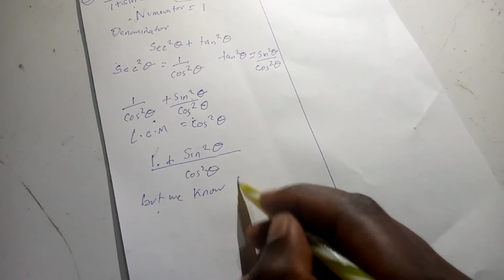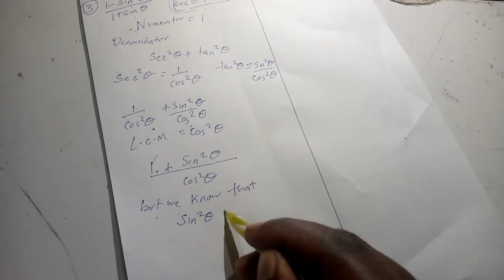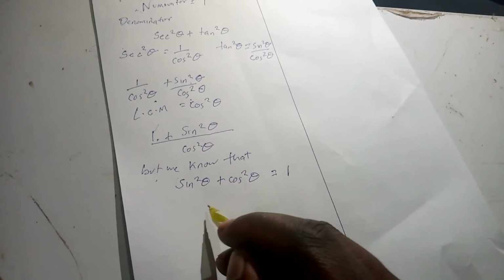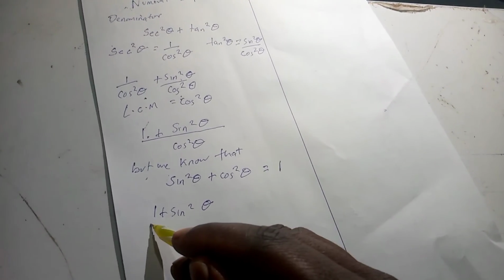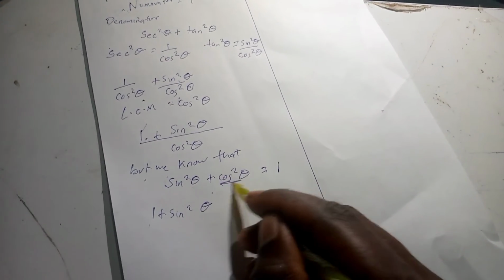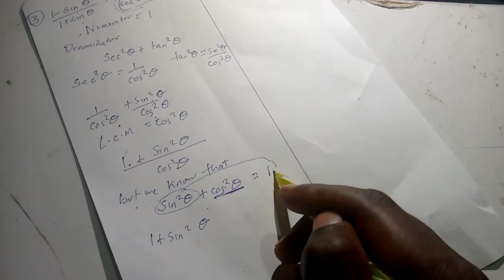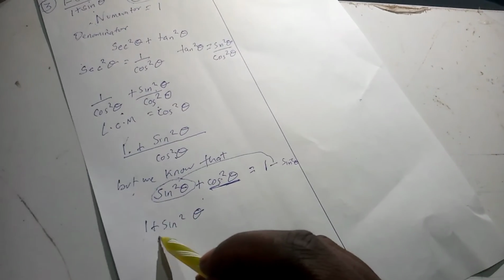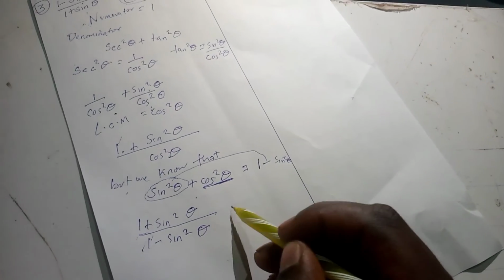But we know that sin squared theta plus cos squared theta is equal to 1. So when you have the cos squared theta, it will be 1 minus sin squared theta, because the general equation is sin squared theta plus cos squared theta is equal to 1, so cos squared theta is equal to 1 minus sin squared theta.